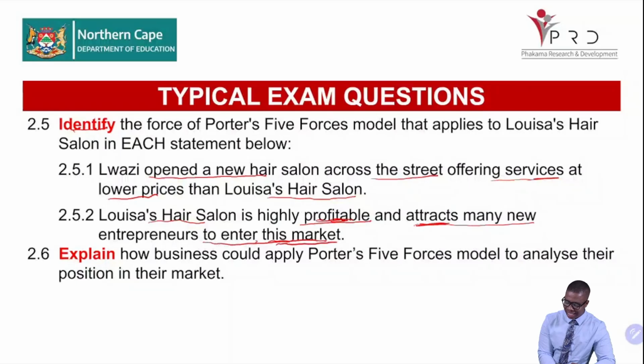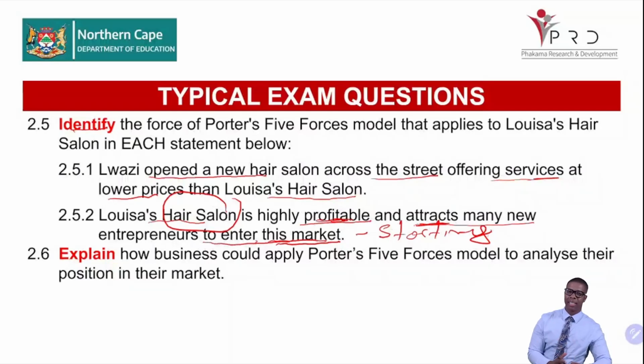When we say enter this market, we are saying they are basically starting also a hair salon. So we are therefore saying the Porter's 5 force that is applicable to 2.5.2 should be barriers to enter the market. There are no barriers. There are no threats. It's easy to start a hair salon because it is profitable. But when you look into Lwazi opening a new hair salon across the street, Lwazi is nearer Louisa's hair salon, and Lwazi is offering the same services at the lower price.